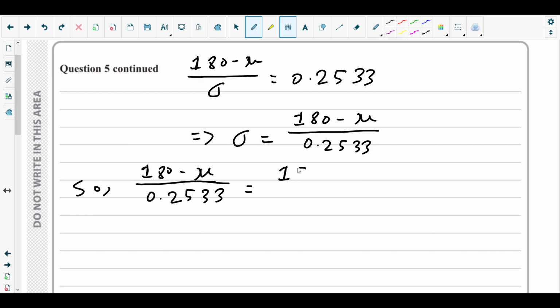Now we need to make mu the subject, so cross multiply.